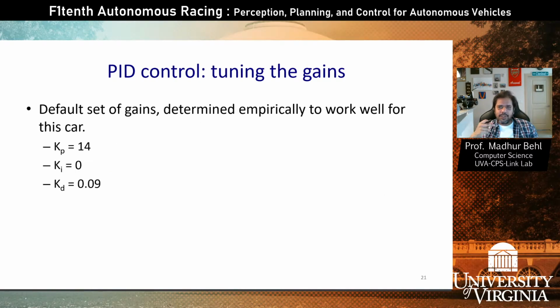So let me visually show you the effect of tuning these gains. These proportionality constants are sometimes called the gains of the PID controller. And this is for the real F110 testbed, so these values may not work exactly for your solution in the simulator. But if we set the proportional gain to be 14, we have no integrative gain, and we have some small derivative gain, here's what that looks like.